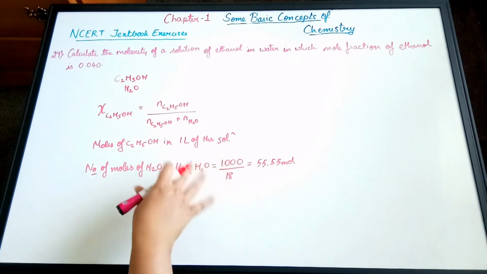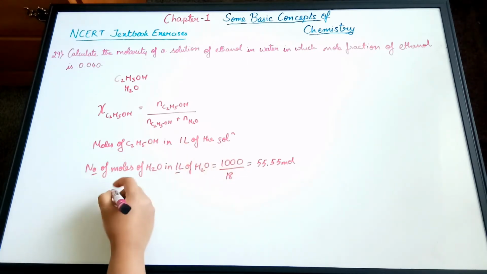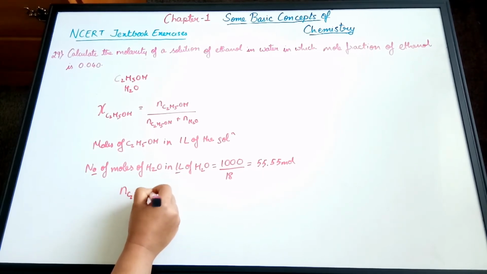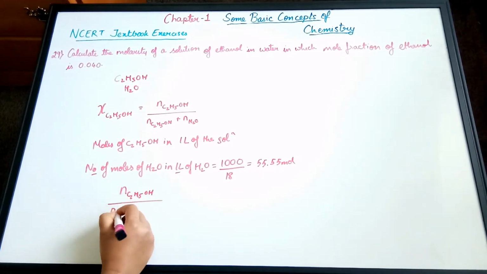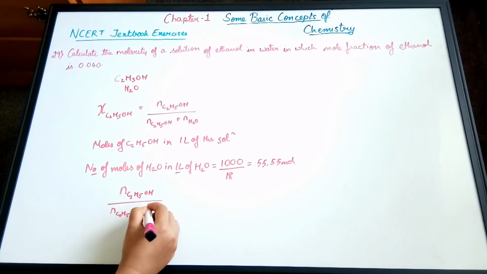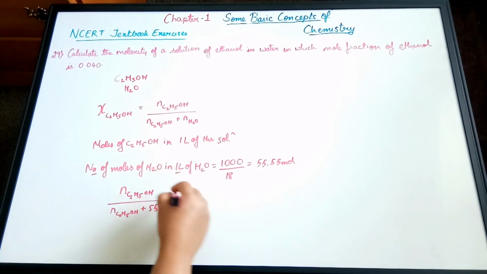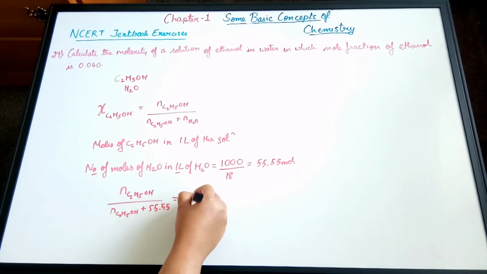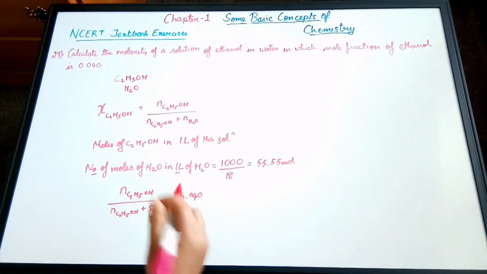Now we will substitute all of this in the equation. So N of C2H5OH divided by N of C2H5OH, that is ethanol, plus 55.55 moles, is equal to 0.040. Next we cross multiply.